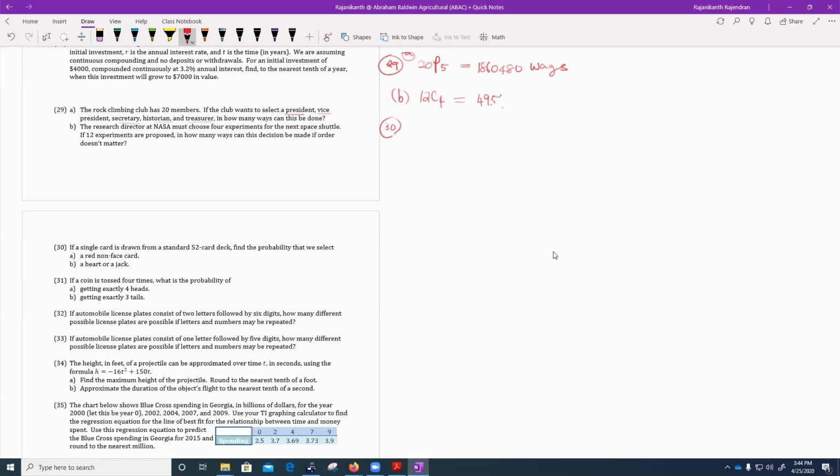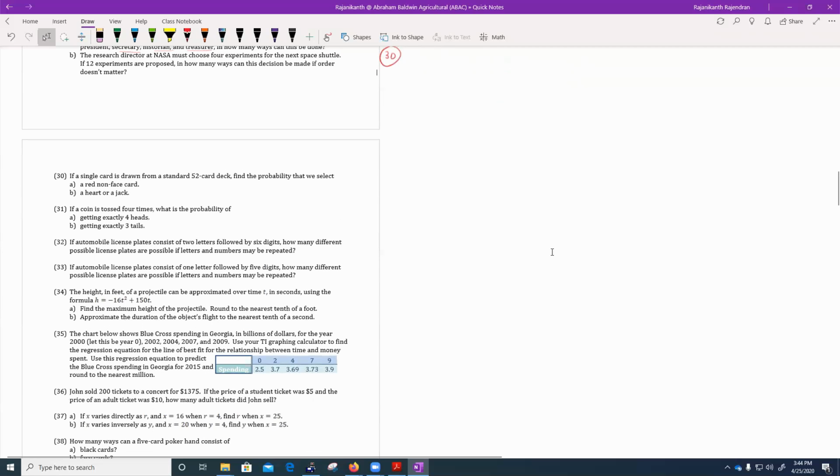Number 30. If a single card is drawn from a standard 52 card deck, find the probability that we select a red non-face card. How many red non-face cards are there?